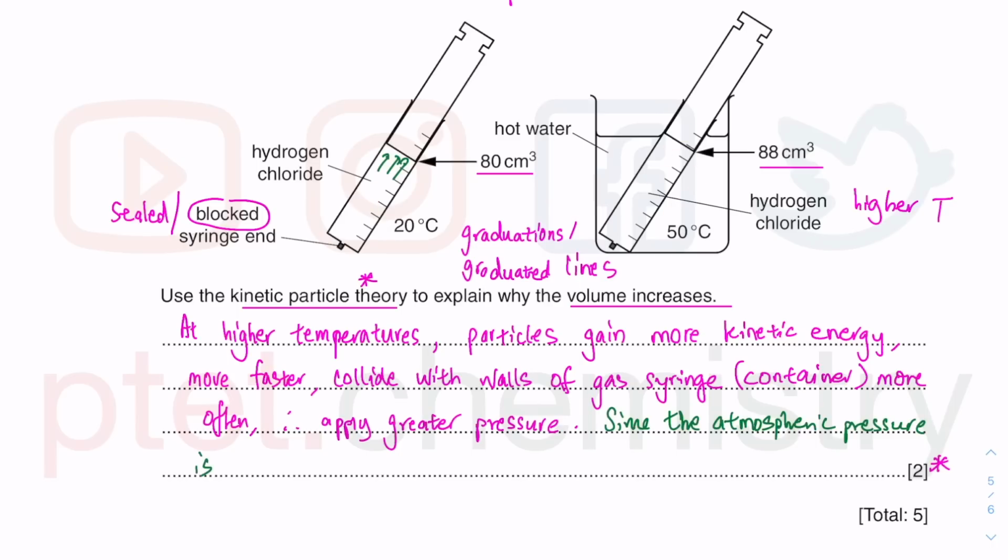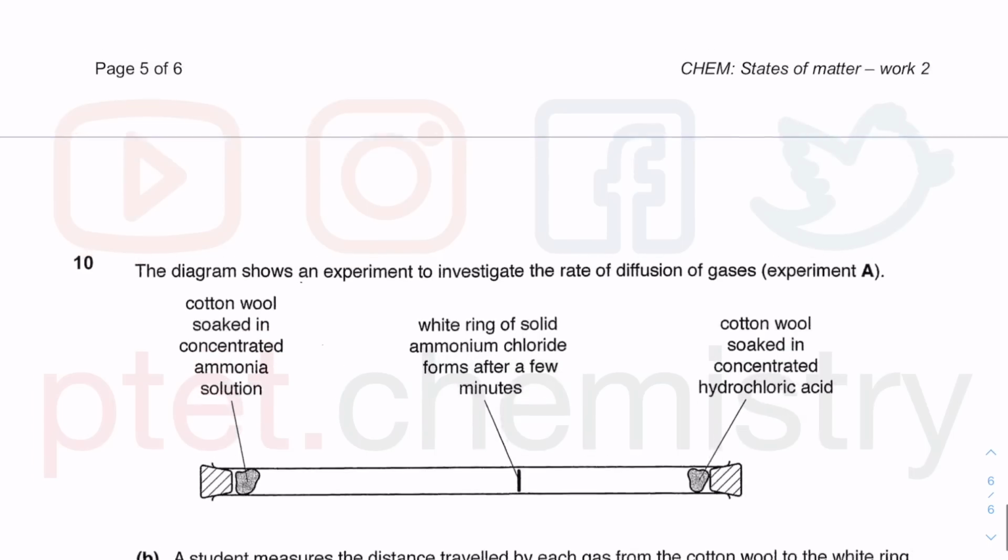So since the pressure is constant, the gases occupy greater volume in order to keep the pressure constant. So that is essentially the last bit, on volume increasing as temperature increases at constant pressure. Okay, so I think I still have one more page actually.